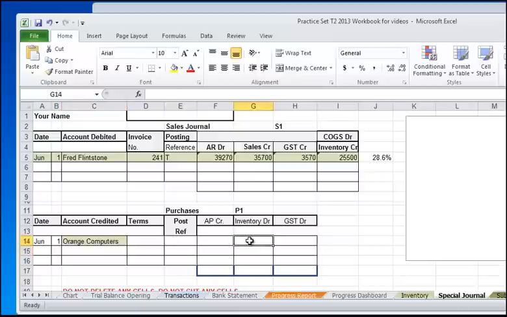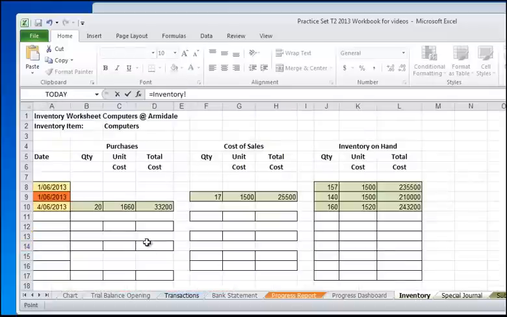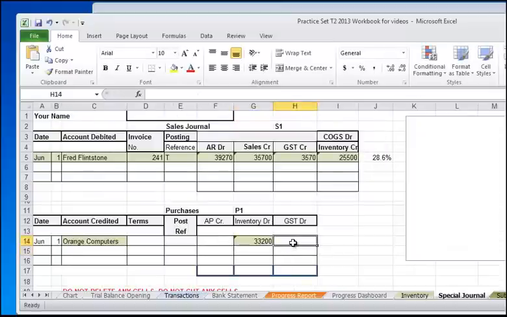Well, debit inventory equals 33,200, and remember we've also got to pay an amount for GST, which is going to be 1/10 of this, divided by 10. So the total amount we owe to Orange Computers is these two numbers added together.